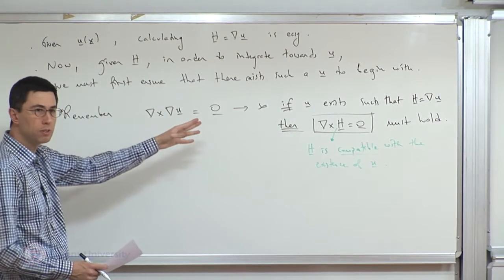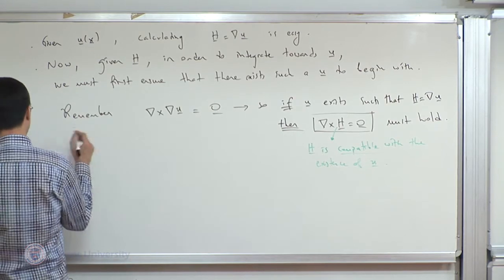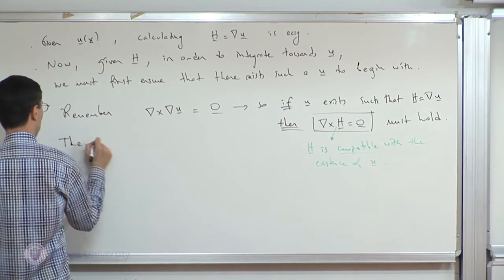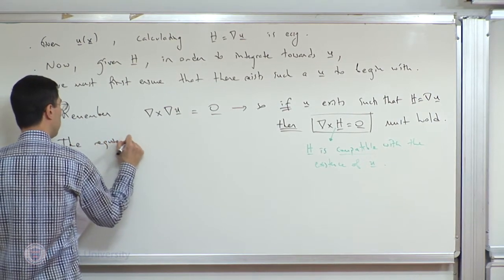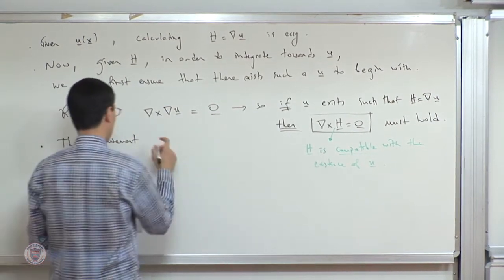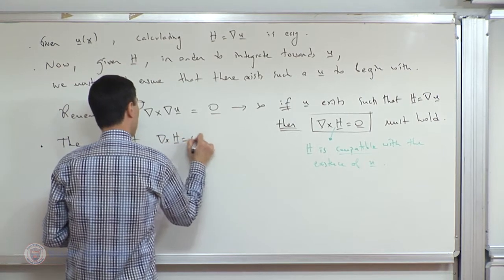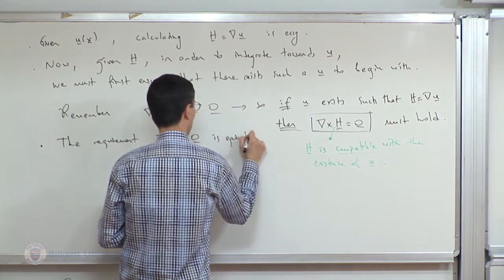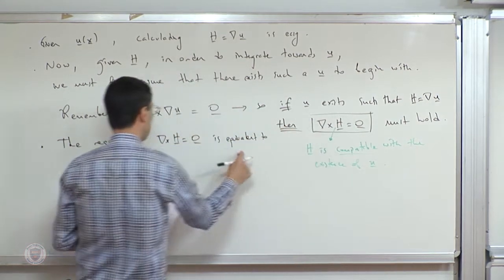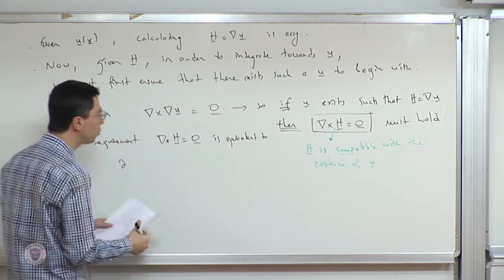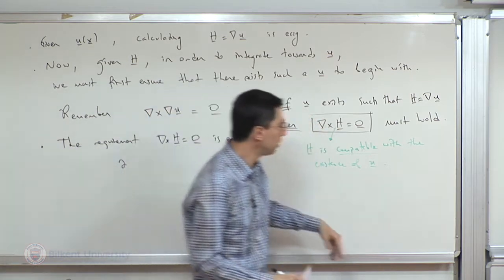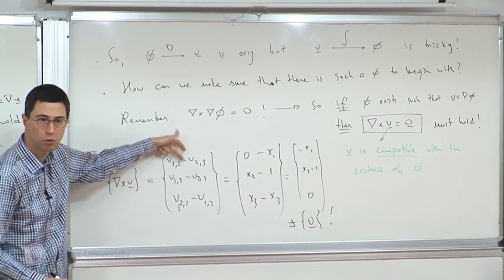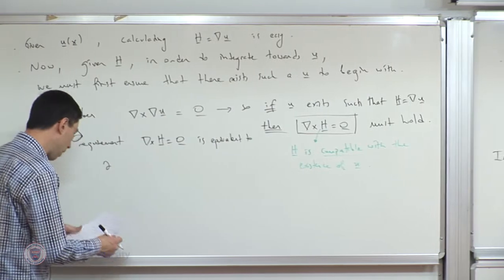So that's a requirement, but curl of h has an expression that we expressed a long time ago. So I will here remind you of the implication of that expression. The curl of a vector involves derivatives of the vector components with respect to the positions. So here I'm going to also have a similar expression.